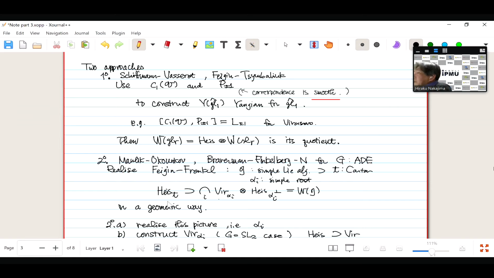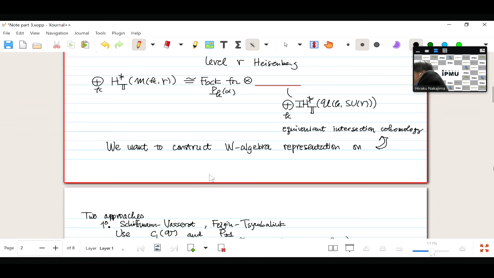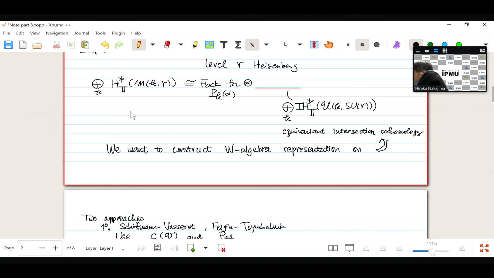For this statement, in the original paper of Feigin and Frenkel, they consider the case when the level is generic. As I emphasized several times, we want to understand the genuine equivariant model, which is defined over the polynomial ring.